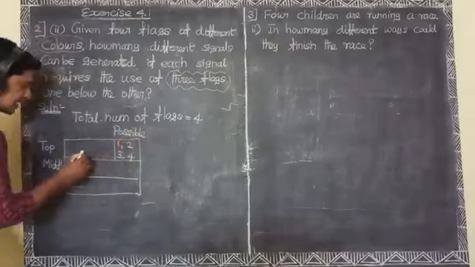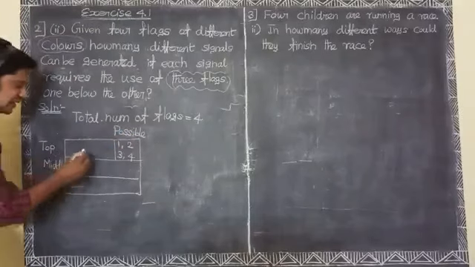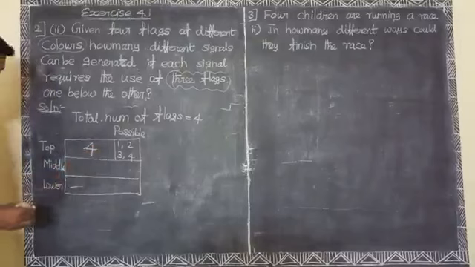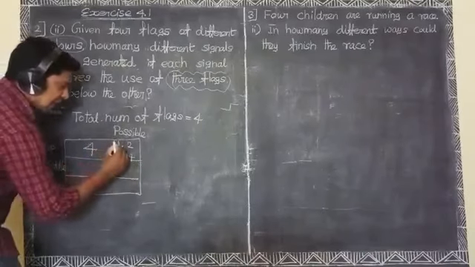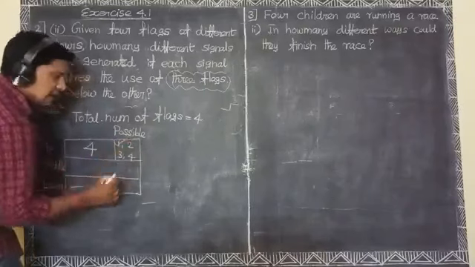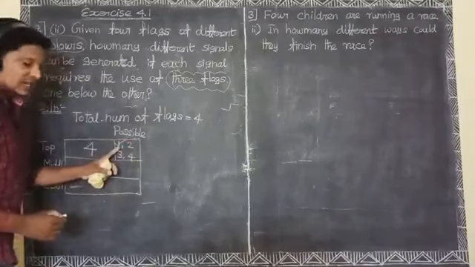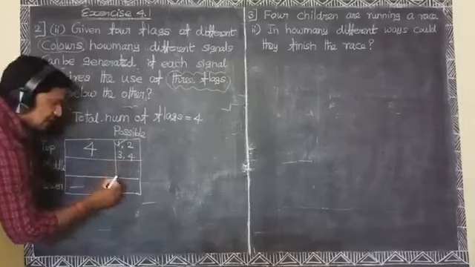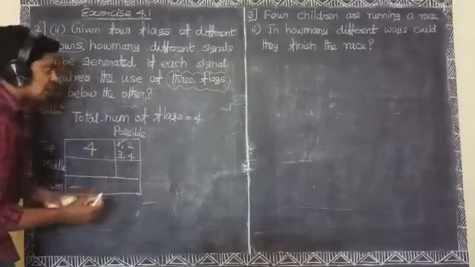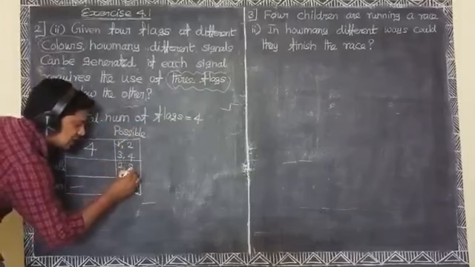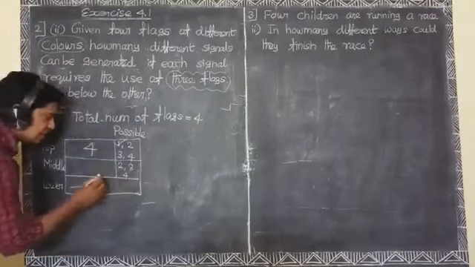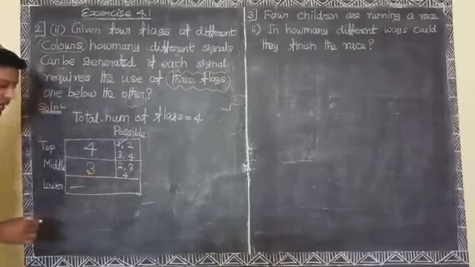Here, the top can be placed in 4 ways. Suppose the top is flag 1, then for the remaining flags the possibilities are 2, 3, 4, so 3 possible ways for the middle.